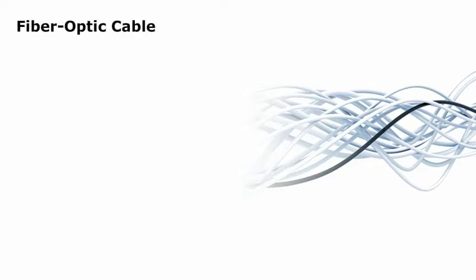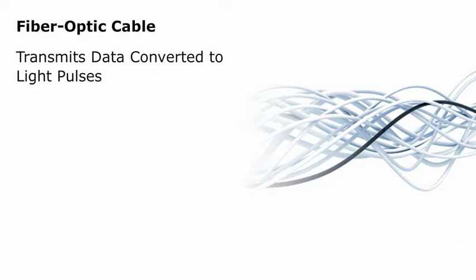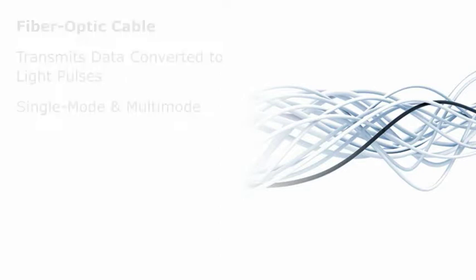Fiber optic cable used for communications has either a glass or a plastic filament at its core, encased in a plastic sheath. It transmits data converted to light pulses rather than electronic signals. The 2 major classifications of fiber optic cables are single-mode and multi-mode.